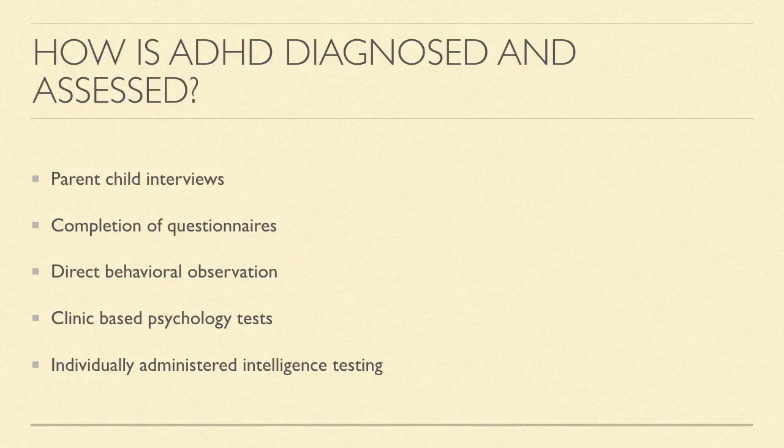Direct behavioral observation is also sometimes used, as well as clinic-based psychology testing and individually administered intelligence testing. From there, these results are then reviewed and assessed by a practitioner, and a diagnosis is then given accordingly.